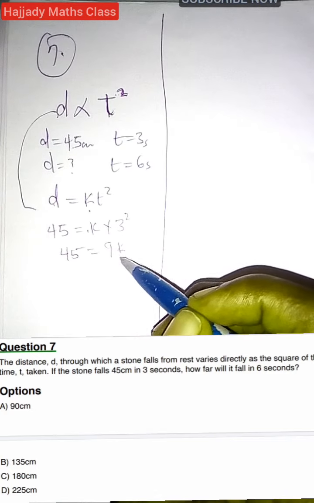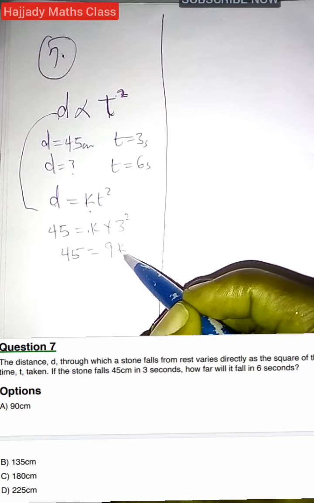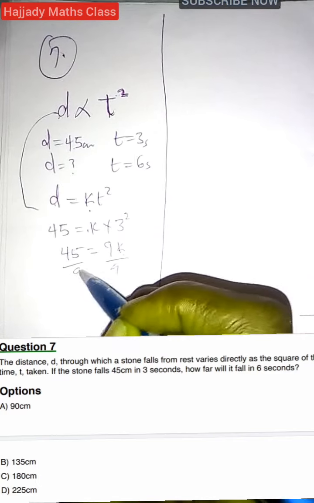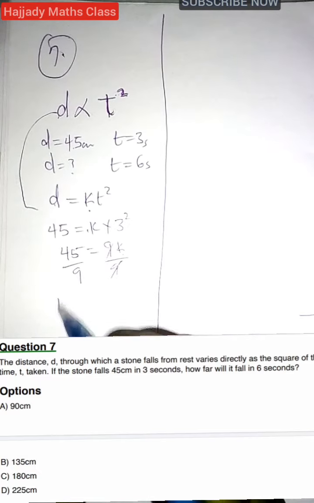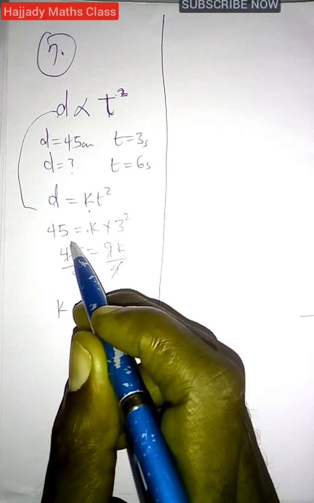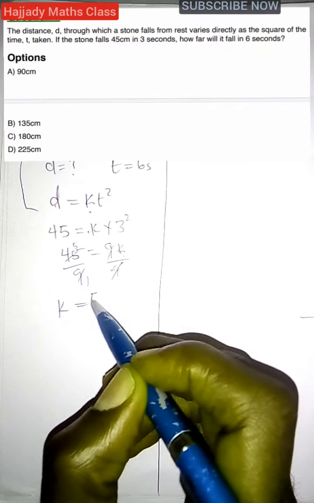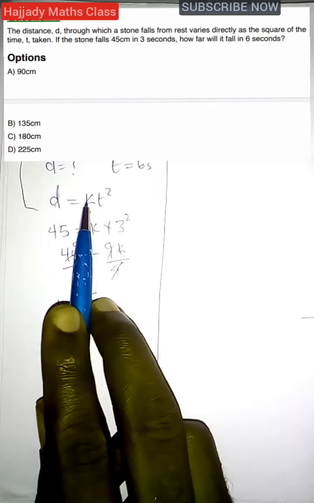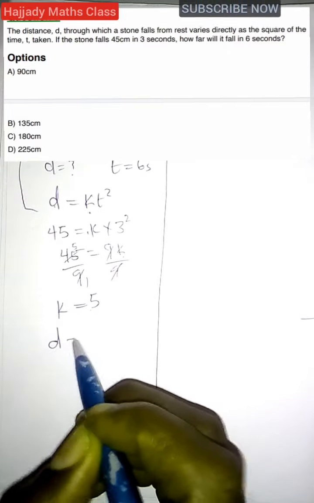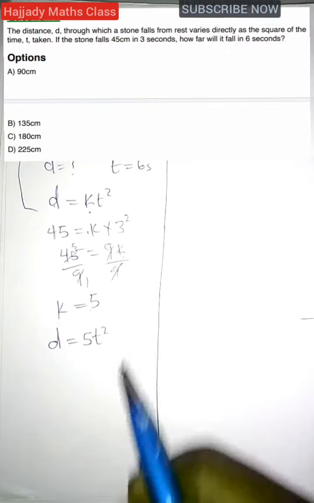For us to get k, the constant, you have to divide through by the coefficient of k, which is 9. So k equals 45 divided by 9, which is 5. So our k is 5. Rewriting this equation, we have d equals 5t squared.